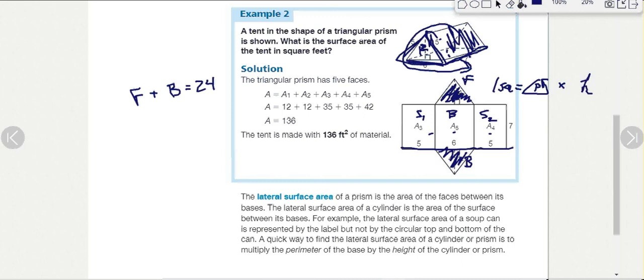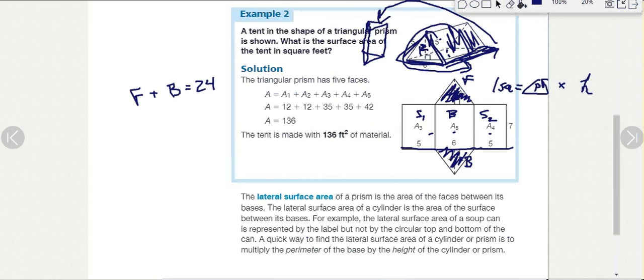In this case it's kind of the length, because it's sitting on its side. It's like if we took that soup can and set it on its side. We have to imagine tipping this over so that these ends are the bases, and we think of this as the lateral surface area.